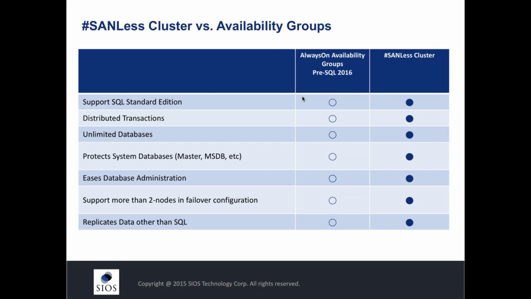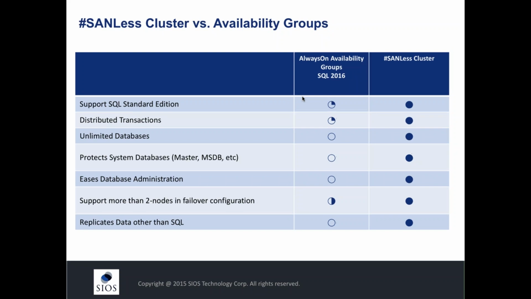So, this slide here talks about what things were like prior to SQL 2016, and as Dave mentioned before, there were some enhancements to availability groups in SQL 2016, where there is now a basic availability group in Standard Edition. There is some better compatibility with distributed transactions, but there are still limitations in that area.